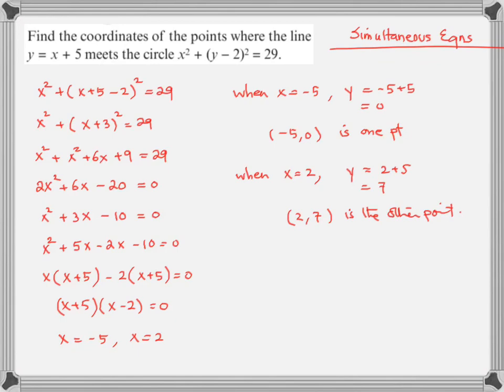You would have calculated b squared minus 4ac. If it comes out to be greater than 0, it meets at 2 points. If the question would have been worded in such a way that the line meets the curve at only 1 point, then b squared minus 4ac would be equal to 0. But in this particular question, they're actually asking for the coordinates. So you have to solve it simultaneously throughout the whole question.